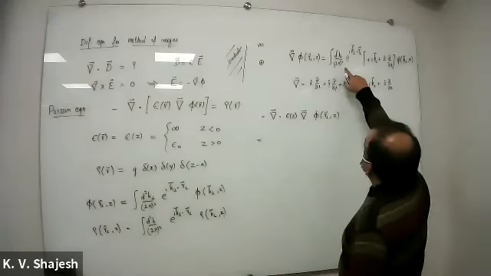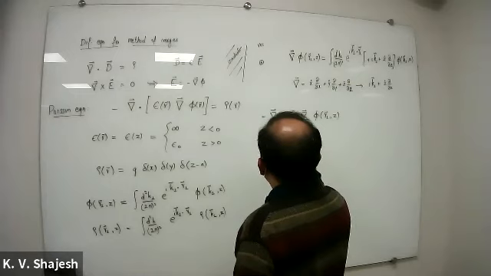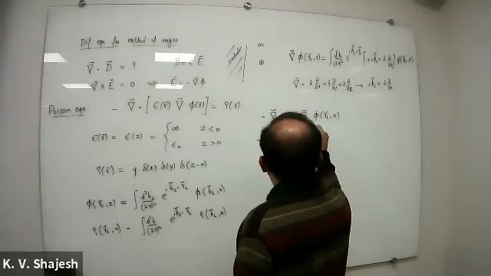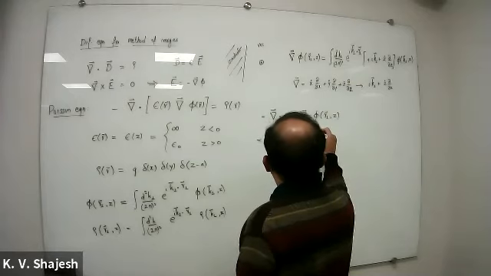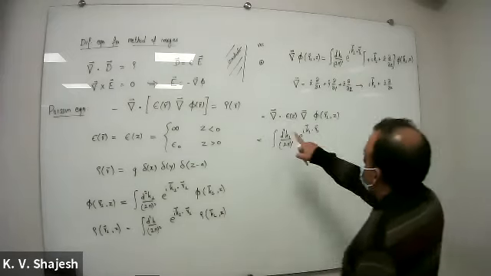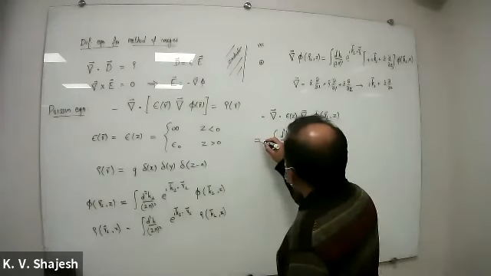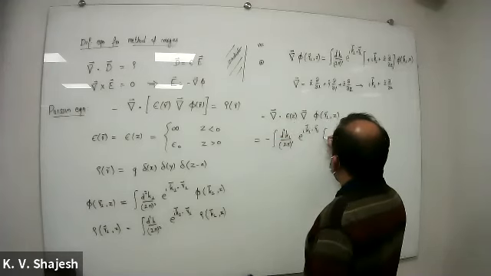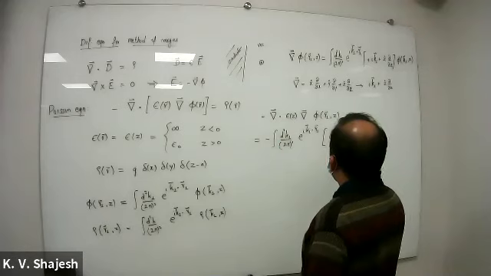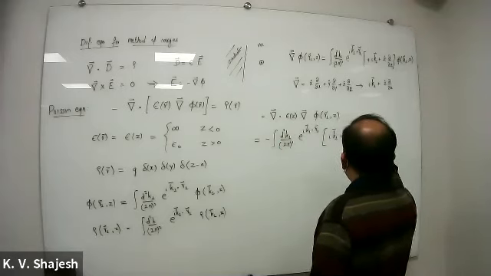Notice these operators can go through this integral and enter the integral. So there's already a minus sign, and i k perp plus z hat d by dz, epsilon z.